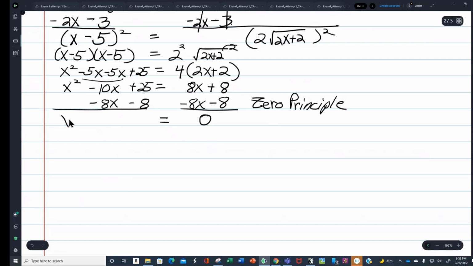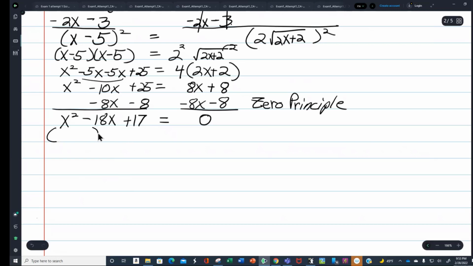On the left-hand side, I have x squared minus 18x, and then that's going to be plus 17. 25 minus 8 is positive 17.